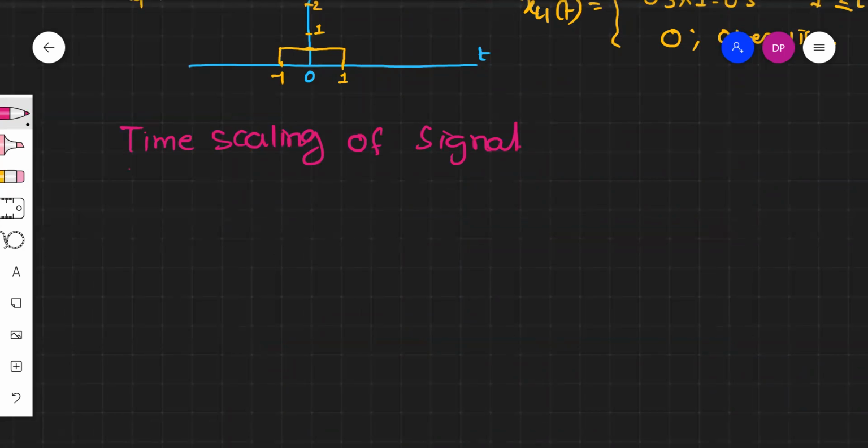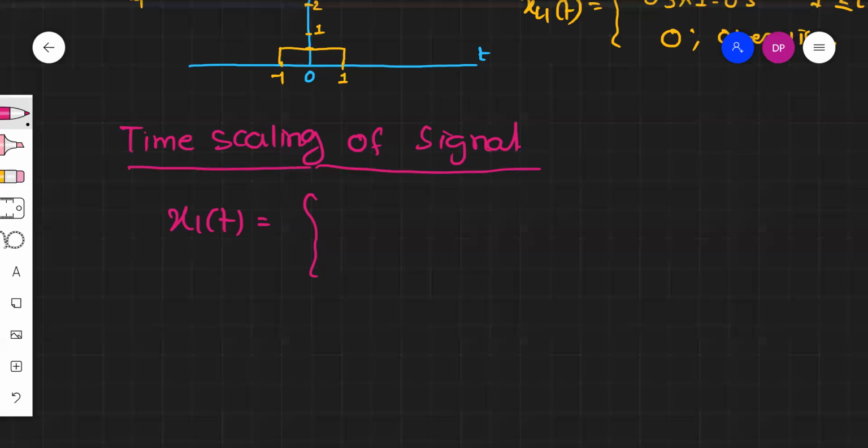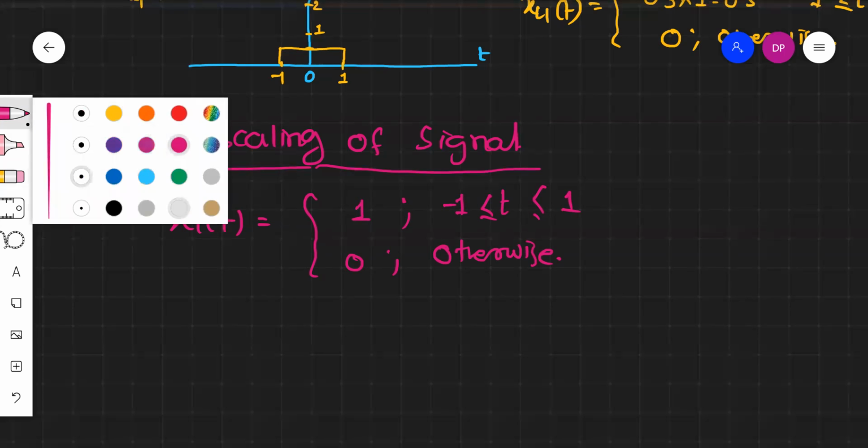So if x1 of t is given, let's take the same signal. The value of x1 of t is 1 when t lies between -1 to +1 and 0 otherwise. It is the same signal that was considered in the previous example.